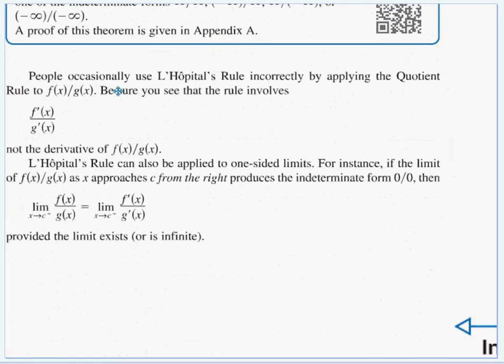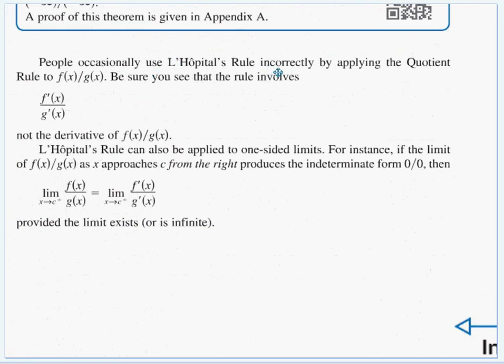Now, people occasionally apply L'Hopital's Rule incorrectly by applying the quotient rule. Be sure you see that the rule involves f prime over g prime and not the derivative of that quotient. L'Hopital's Rule can be applied to one-sided limits. For instance, if the limit of f of x over g of x as we approach c from the right produces the indeterminate form 0 over 0, then we can just apply L'Hopital's Rule to that one-sided limit, provided that it does exist.